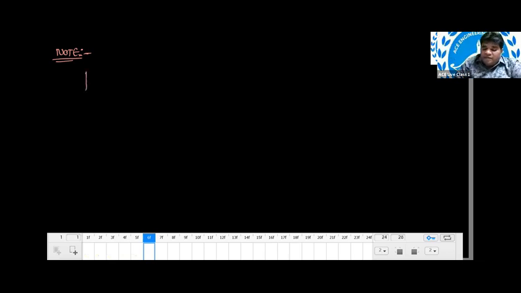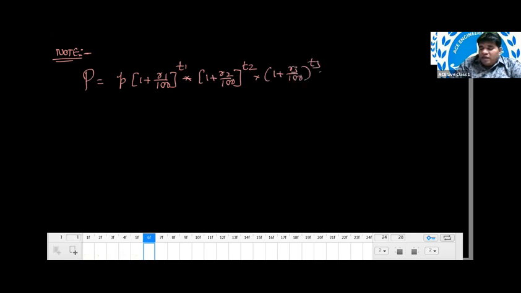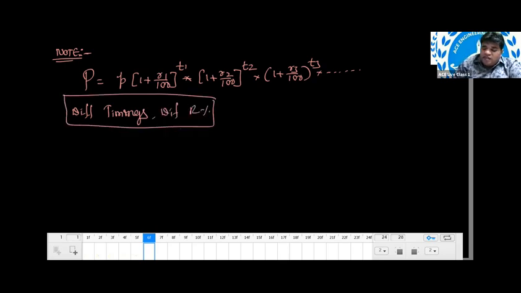Then the concept is capital P is equal to small p into 1 plus r1 by 100 whole power t1, into 1 plus r2 by 100 whole power t2, into 1 plus r3 by 100 whole power t3, etc. This is our concept: different timings, different rate percentages given.